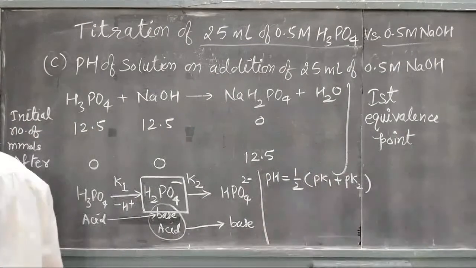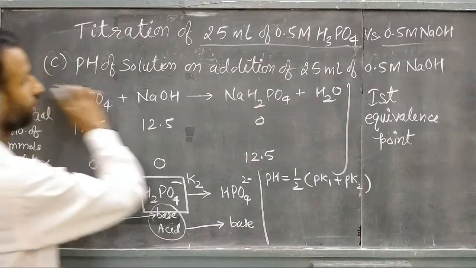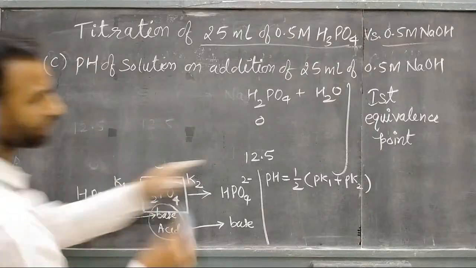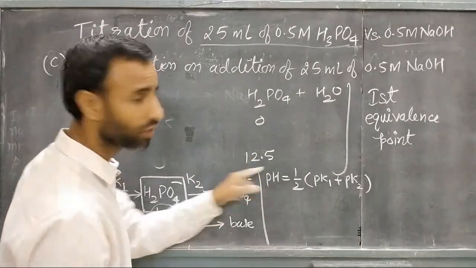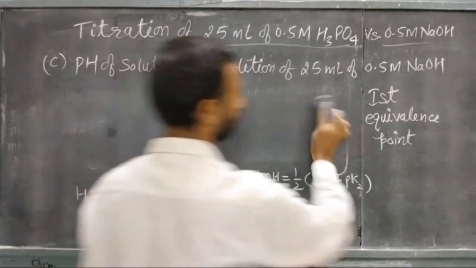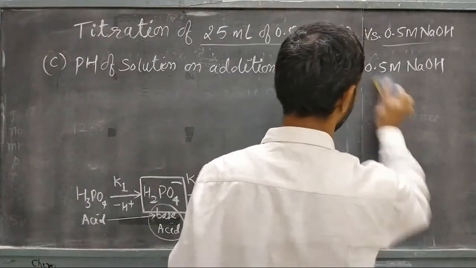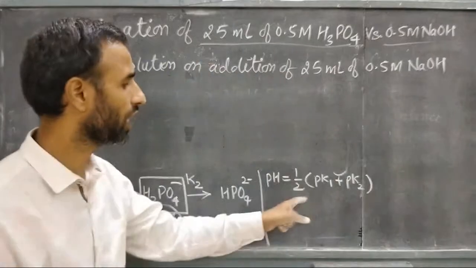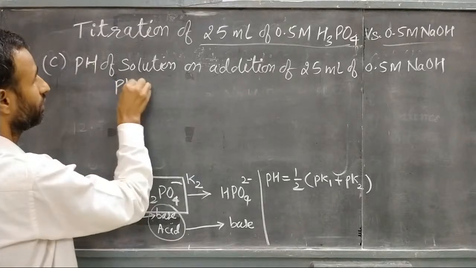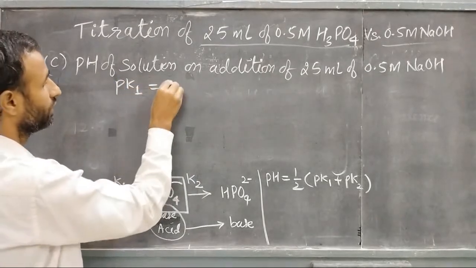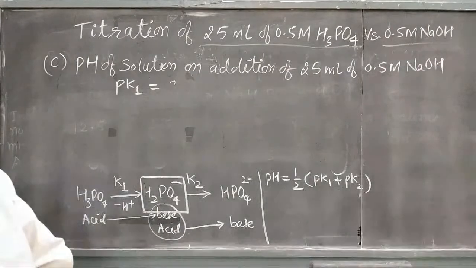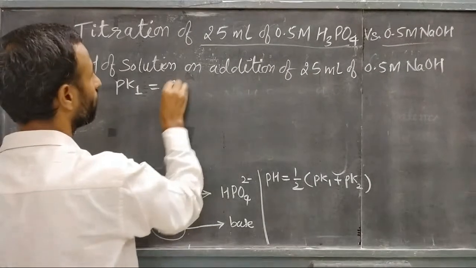Got it? That means there is no dependence on the concentration of the salt. So at the first equivalence point, pH equals half of pK1 plus pK2. You know pK1. What is the value of pK1? pK1 is 2.12.